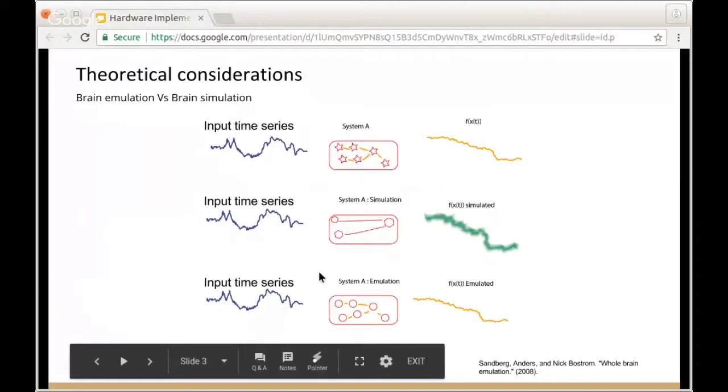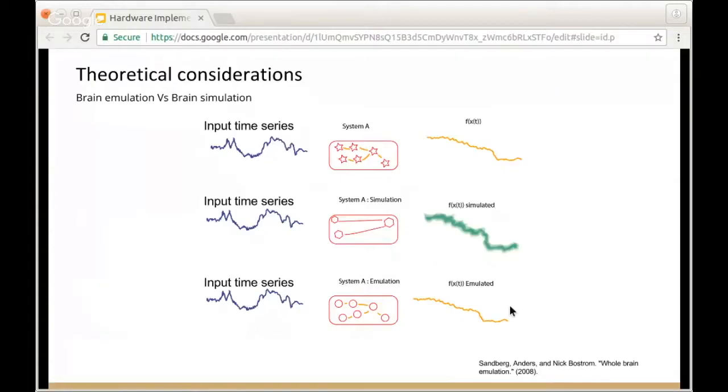But in an emulation, we would like the system to process the same input and give us the same output, and map the same input-output relationship, and also consider the internal dynamics of a system. But there's a question here: how much detail and how much resolution do we need in that internal dynamics? Do we need to recreate the system down to the level of atoms and molecules in that system?